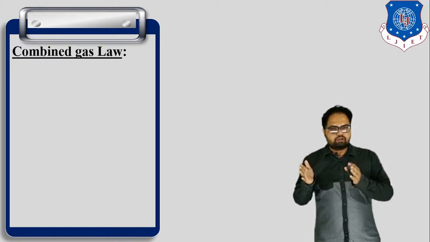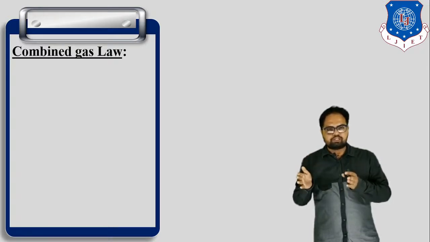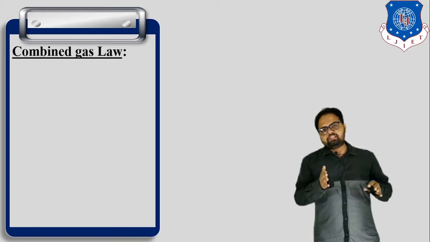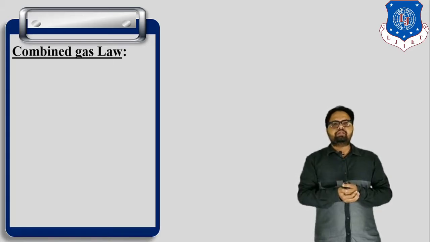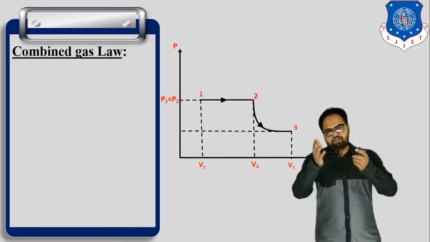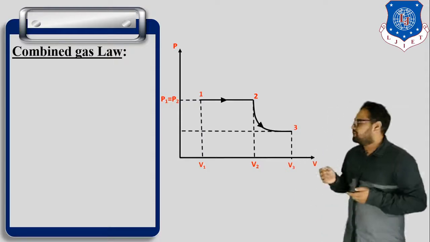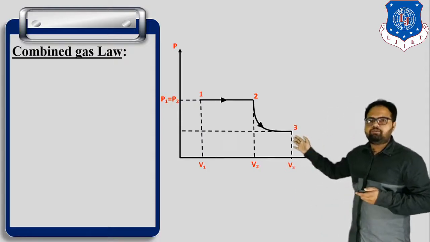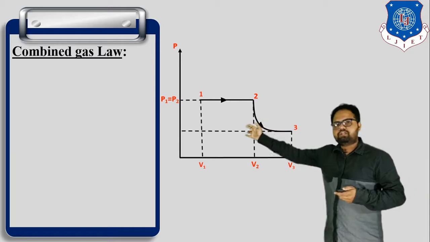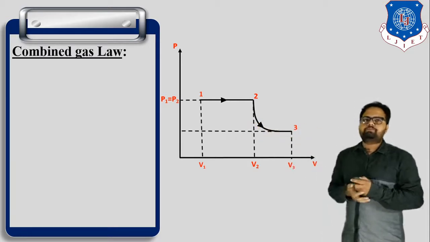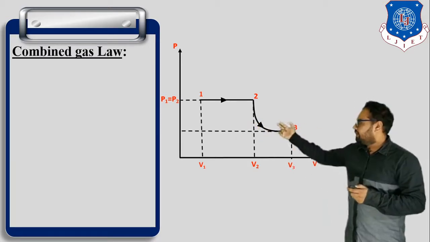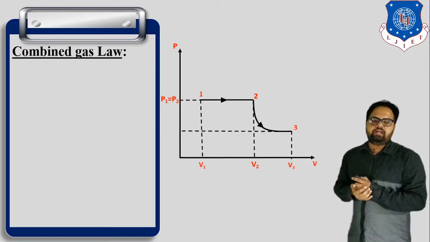First is the constant temperature process, and the constant pressure process. After that, the system undergoes a constant temperature process, which we understand by using this diagram. Here in this PV diagram, you can see that process 1 to 2 indicates a constant pressure process. After that, it follows the law 2 to 3, that is Boyle's law.